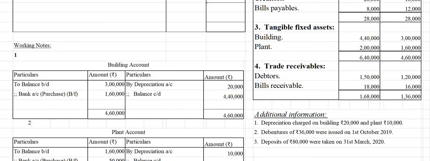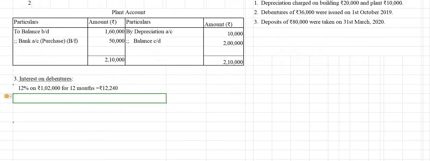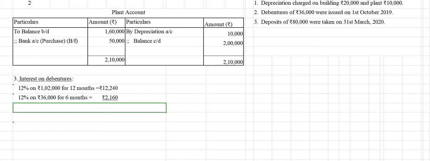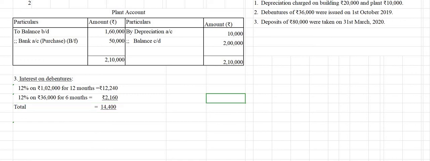So for 36,000 we have to calculate next. 36,000 from 1st October to 31st March of 2020. That means 36,000 into 12% for 6 months, October to March. Okay, so total interest on debenture comes as 14,400.